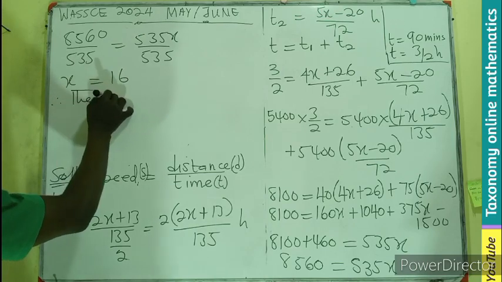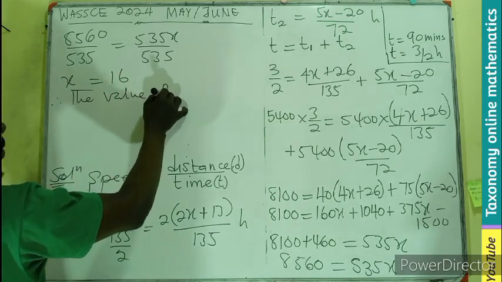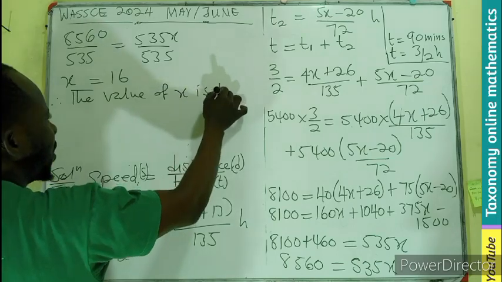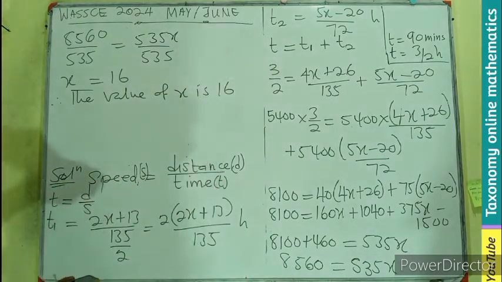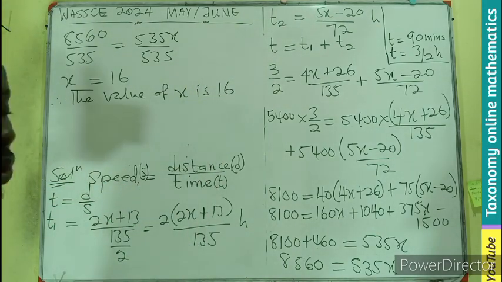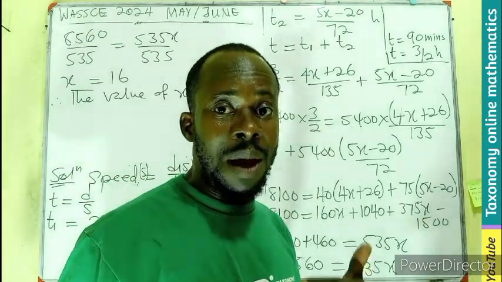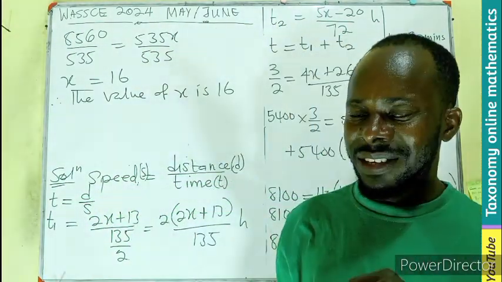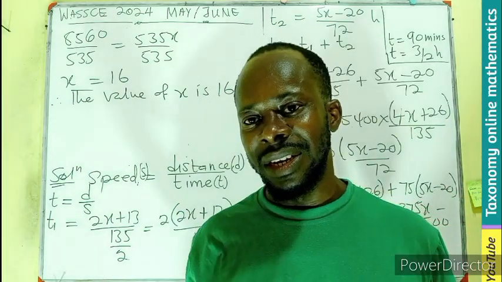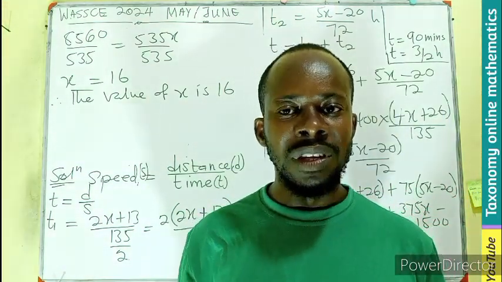Therefore, the value of x is 16. I'm not sure there is any unit to apply, so 16 is the value of x in this expression. I'm sure you followed the concept.